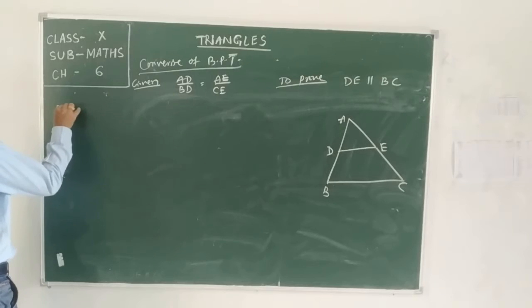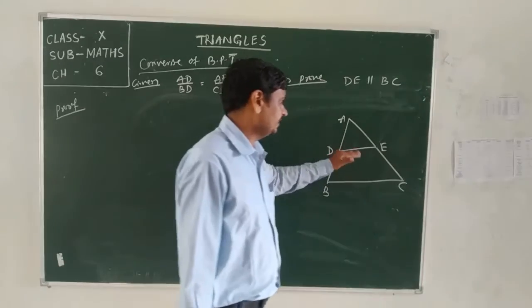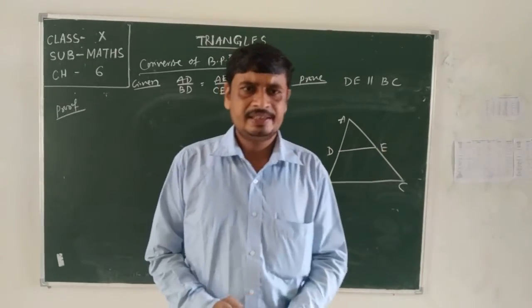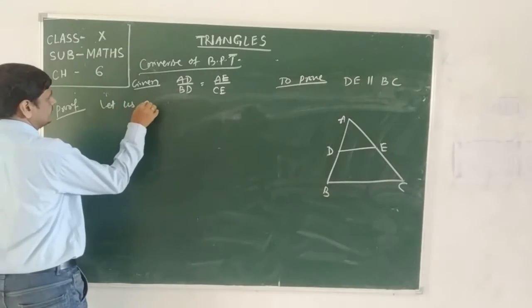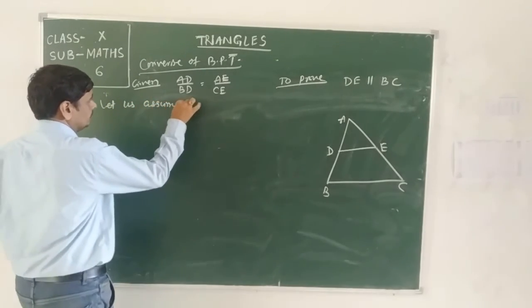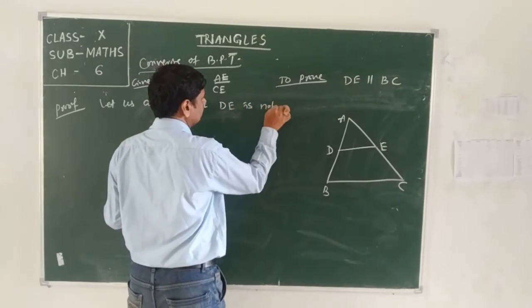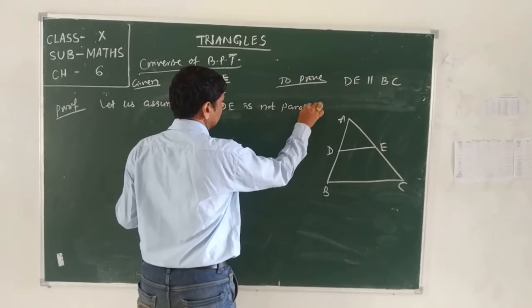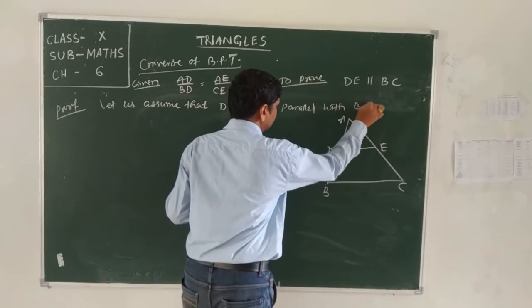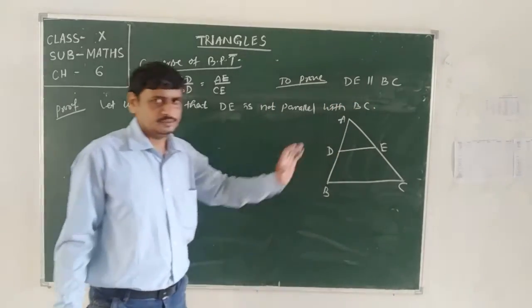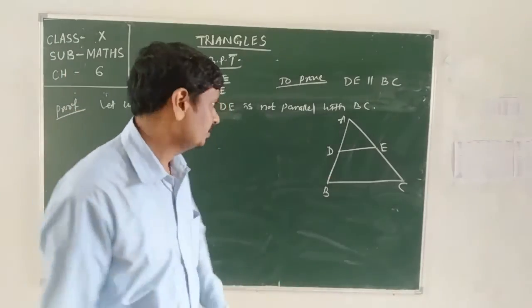Let's prove. Let us assume that DE is not parallel with BC. Now we can draw one more line that will be parallel with BC here.